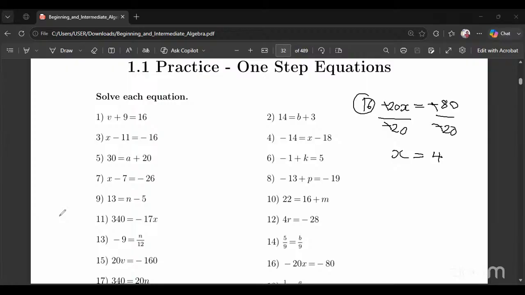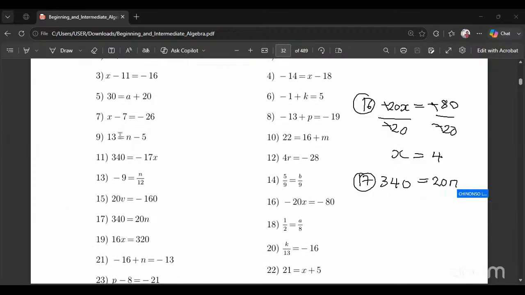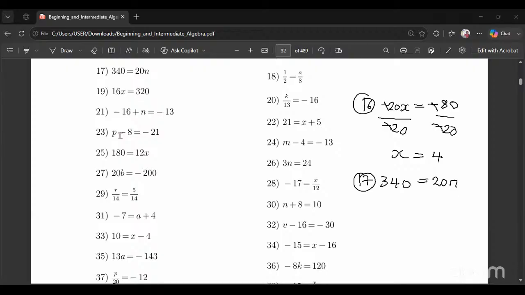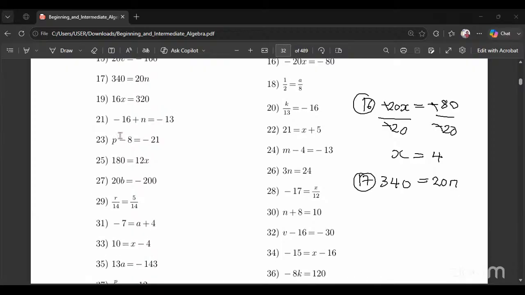I can see question 17, so I'll respond to that before we slide to the next questions. For question 17, we have 340 is equal to 20n. Again, this is very, very straightforward, and we'll perform the same operation. Remember, I want to get the value of n, so I want to use any means possible to isolate n.